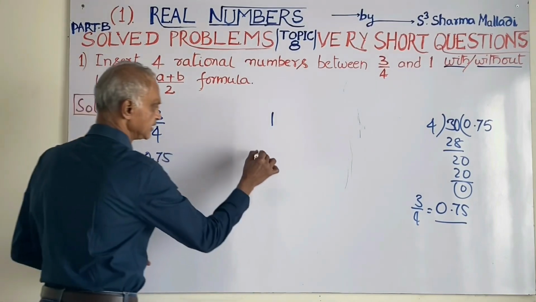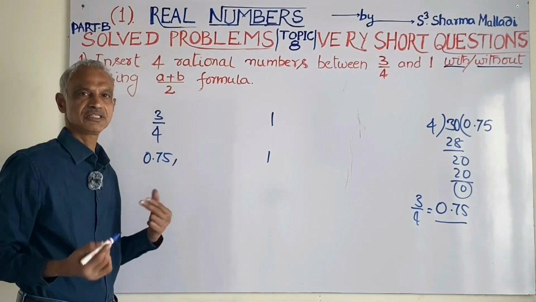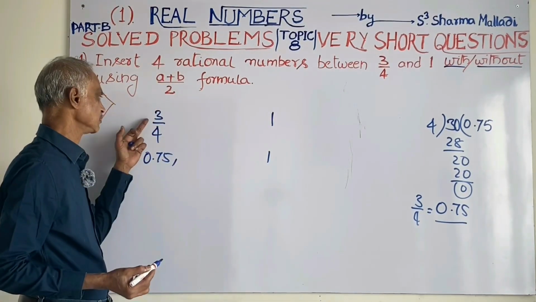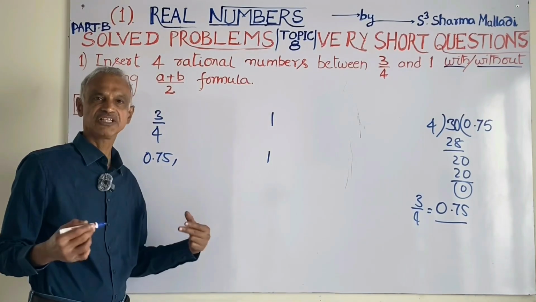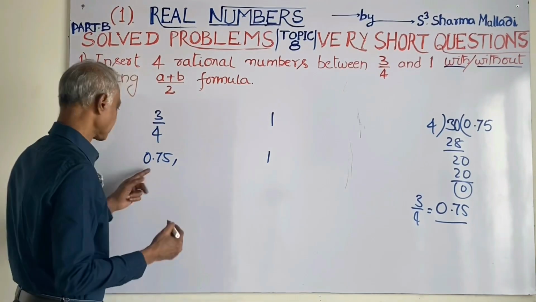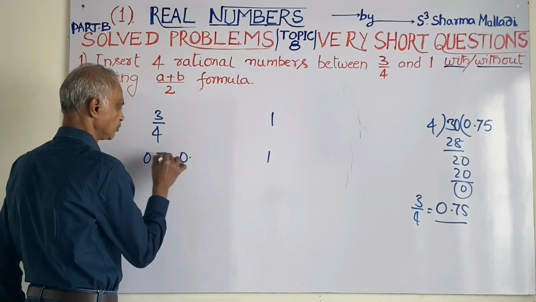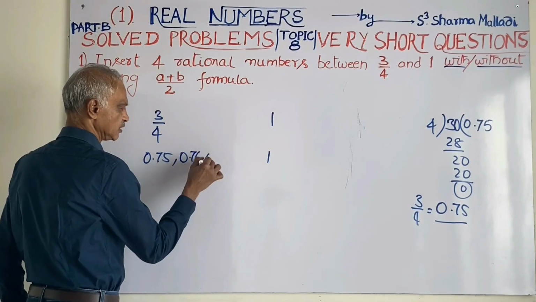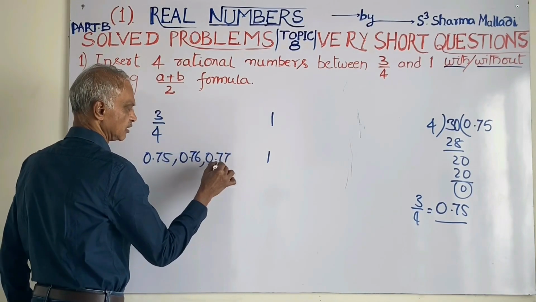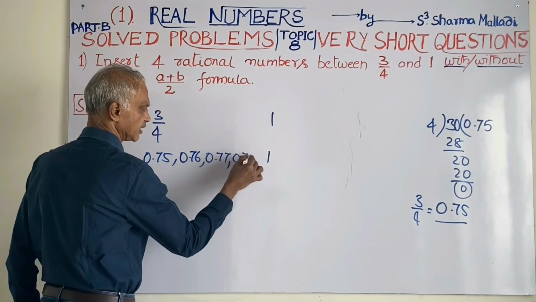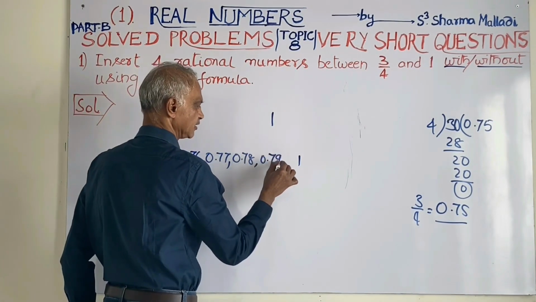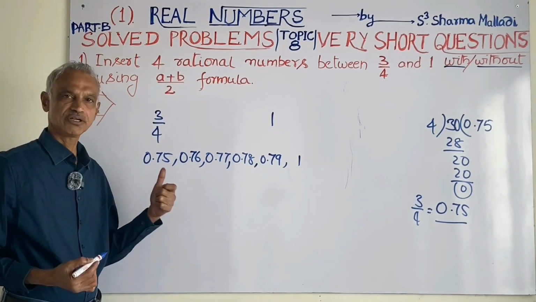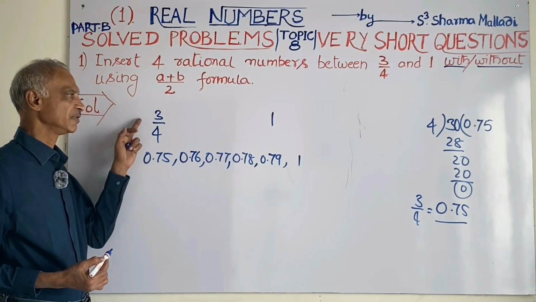Between 0.75 and 1, we can very easily insert 4 rational numbers. Infinite rational numbers we can write. I will write just 0.76, 0.77, 0.78 and 0.79. These are 4 rational numbers between 3 by 4 and 1.